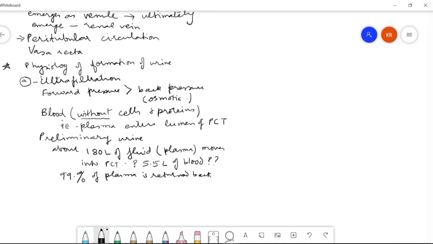And therefore, this particular piece of information is very relevant to what we are discussing in the next step, which is selective reabsorption.